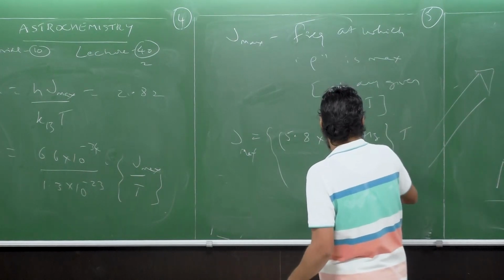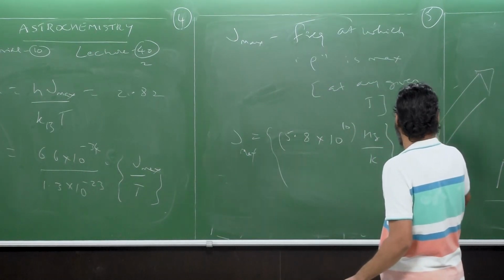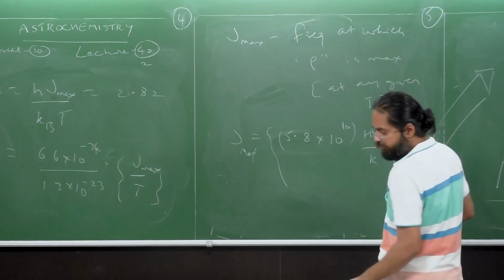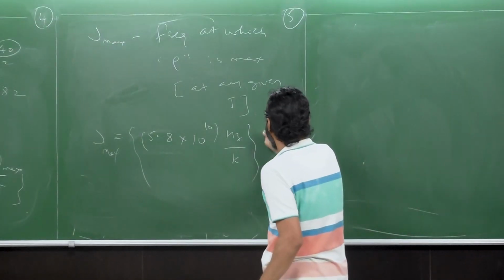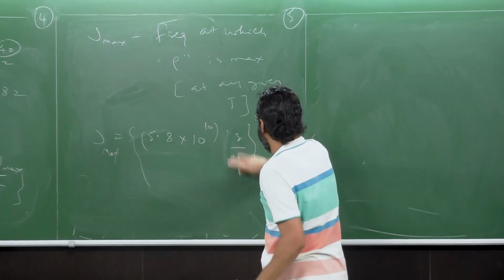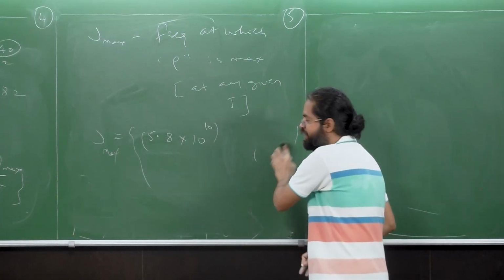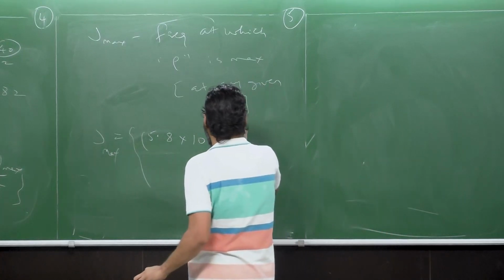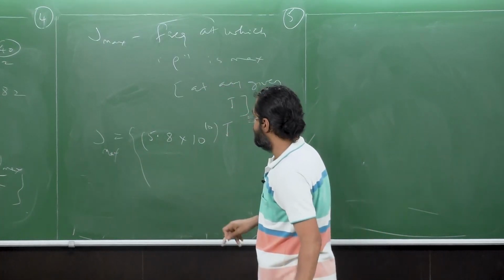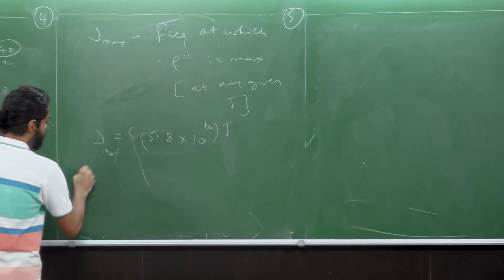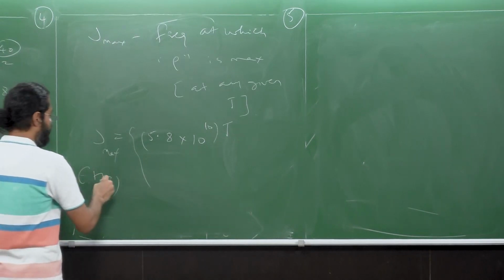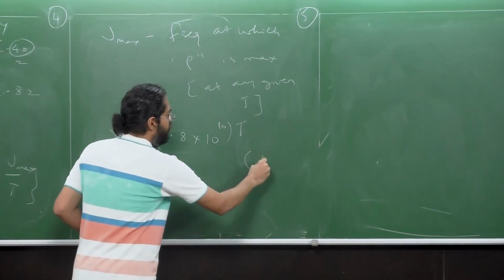I'll take off the units, why cause so much confusion? So nu max equals 5.8 into 10 to the power 10 times temperature, where nu max is in hertz and temperature is in Kelvin.